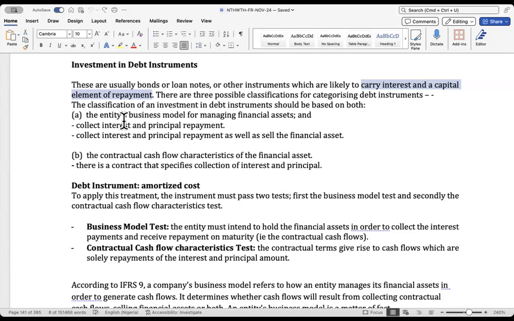So what will inform how you classify these debt investments? The first one is your business model for managing the financial assets. When I say business model, it means how you want to make money from these financial assets.